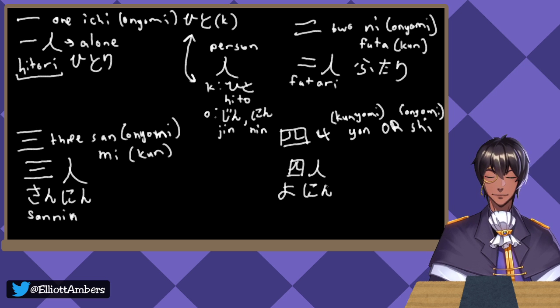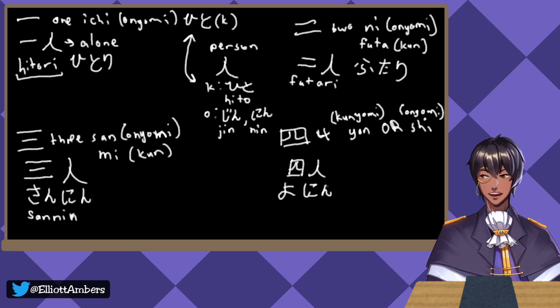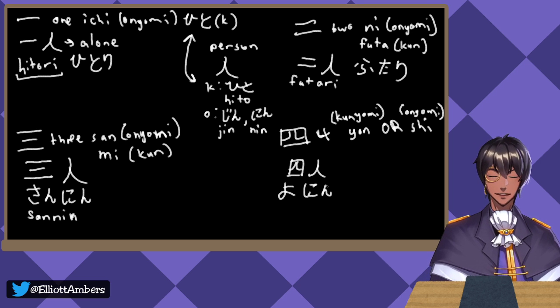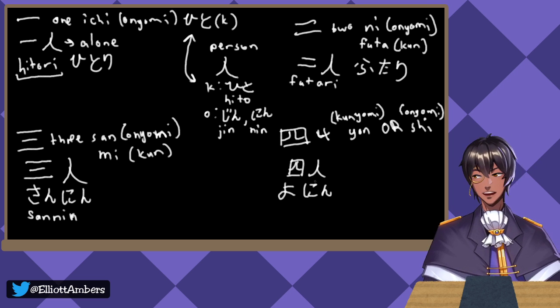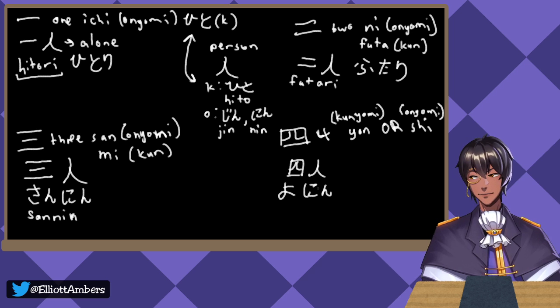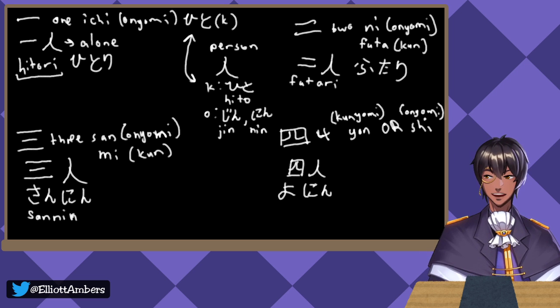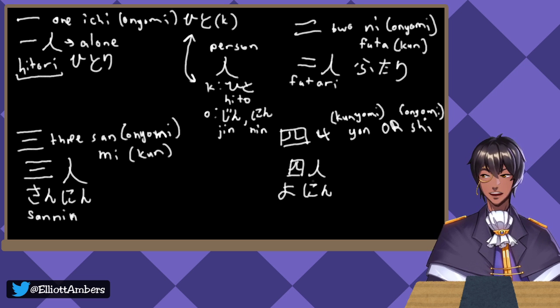So there's a lot of different concepts that you have to think about here. Because for us, it's just 1 book, 2 book, 3 book, 4 book, 1 sheet, 2 sheet, 3 sheet, 4 sheet. But in Japanese, the way that they connect their numbers with other terms makes it a little difficult to have some sort of consistency with that.